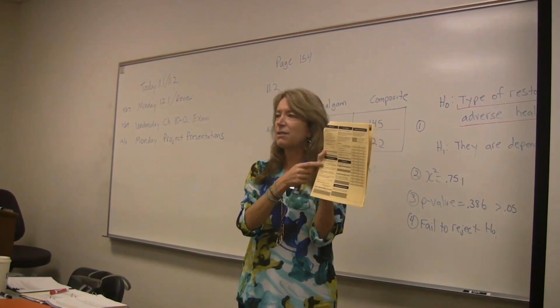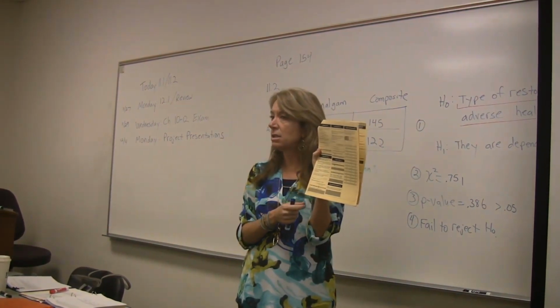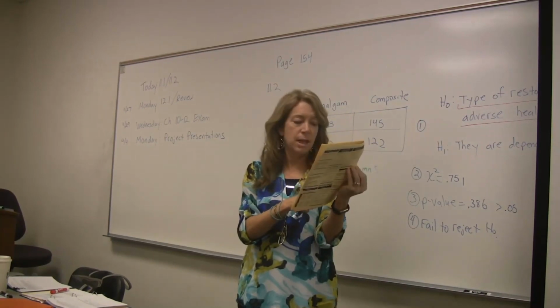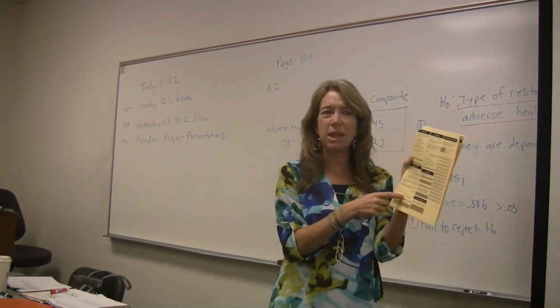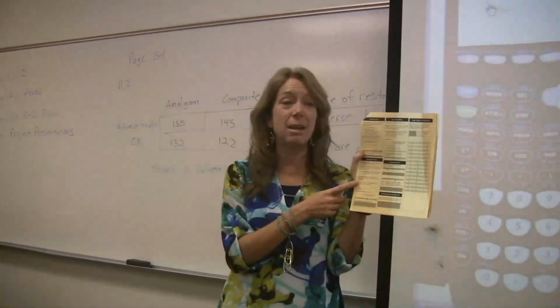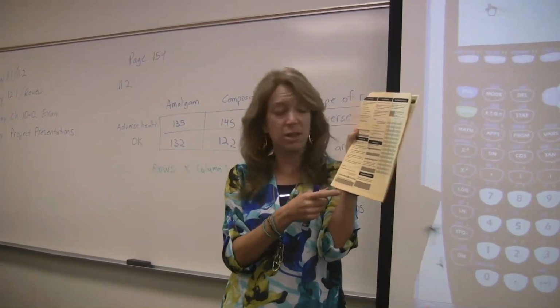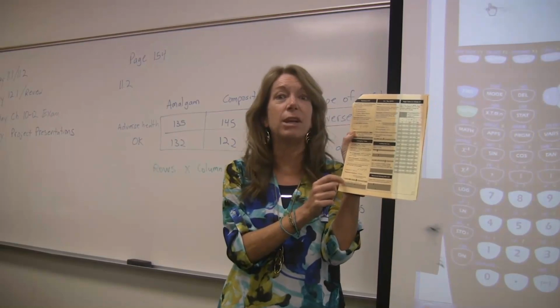It talks about a test for independence. It has a nice formula. It still has the chi-squareds and the O's and the E's, but we're not going to do these by hand at all. If you go all the way down to the bottom, it tells you to do the chi-squared test that we just did, and it even tells you how to find the matrix.